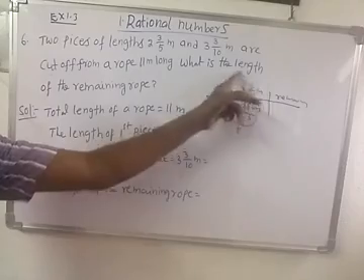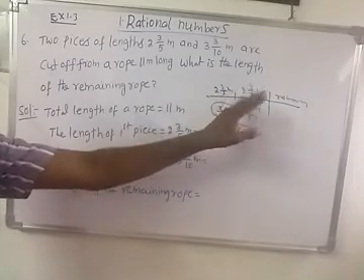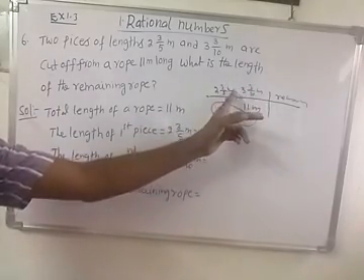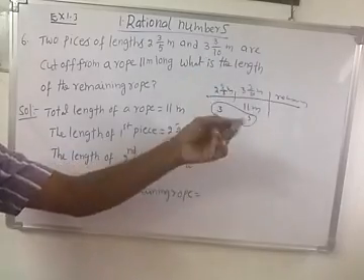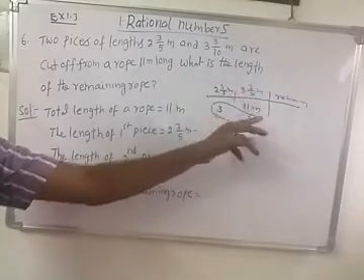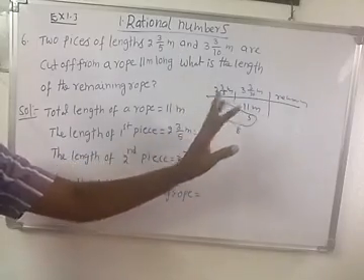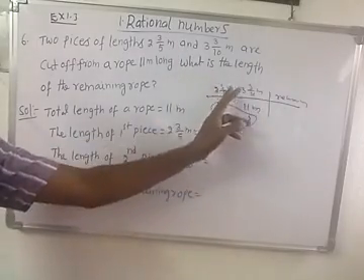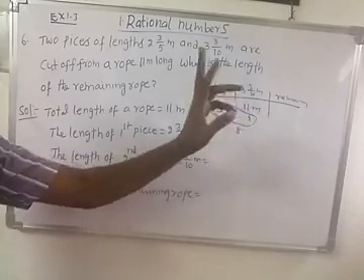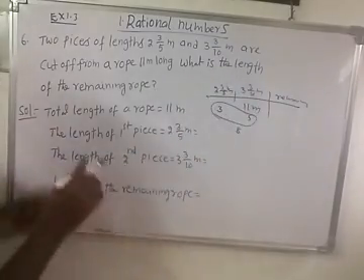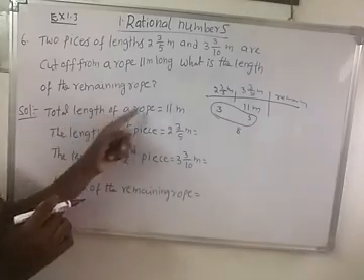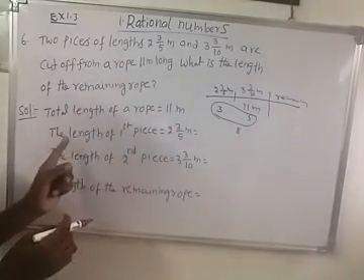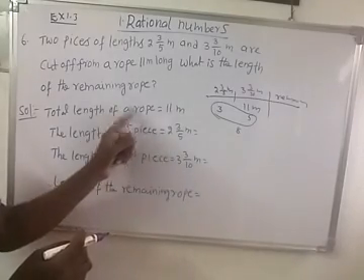So first of all we do the sum of these two pieces, that is 2 3 by 5 plus 3 3 by 10, and this sum is subtracted from the 11 meters total rope. This sum is subtracted from the total length of the rope. So the total length of your rope is equal to 11 meters, and the length of the first piece is 2 3 by 5 meters.